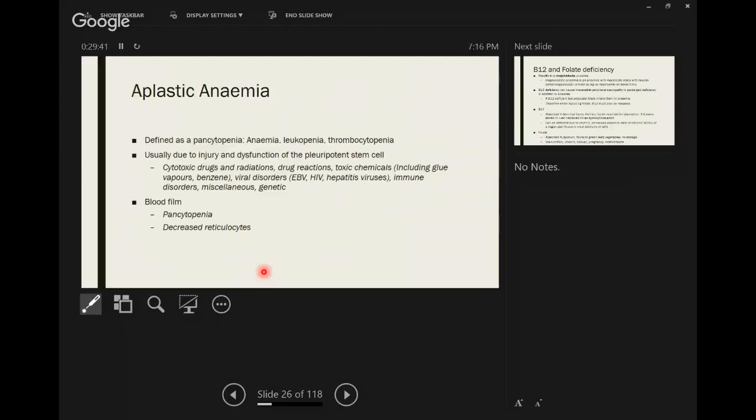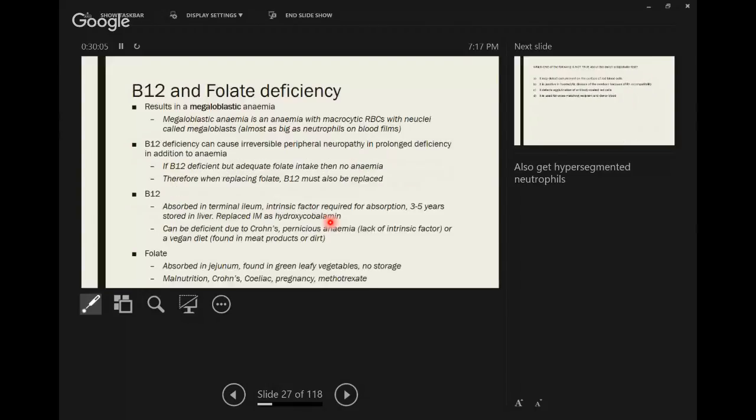There are a bunch of things that can cause this: cytotoxic drugs and radiation in particular, drug reactions, toxic chemicals, benzene is a buzzword. I should bold that. Viral disorders, immune disorders, miscellaneous, genetic. On the blood film, you see pancytopenia and decreased reticulocytes because the bone marrow isn't reacting properly, it's not actually producing the red blood cells.